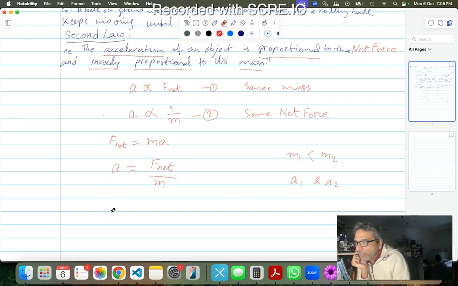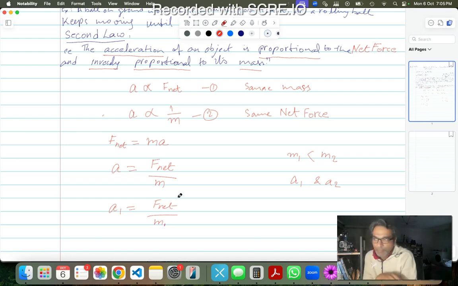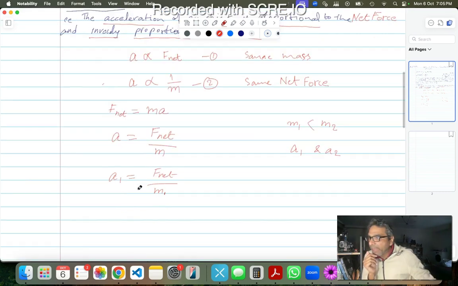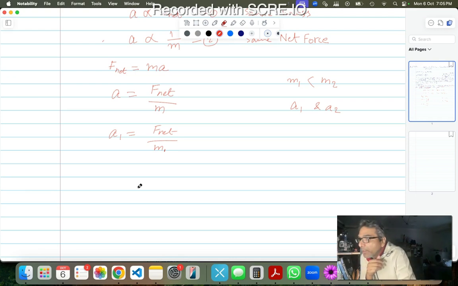So for this one, a1 will be F net over m1. And a2 is equal to F net over m2, right?